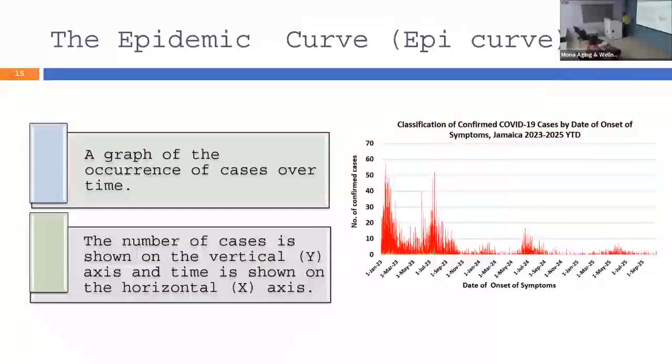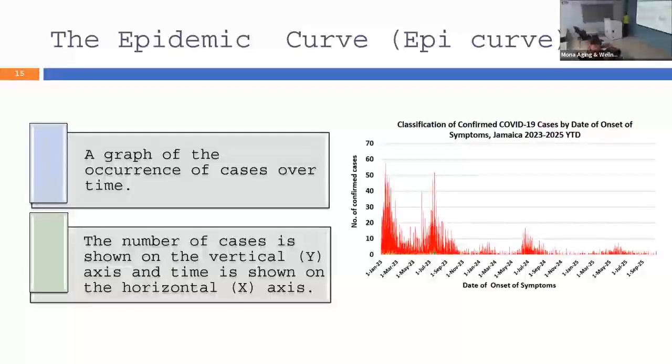The epidemic curve, and you saw it in the video, is a graph of the occurrence of cases over time. You have the number of cases on the y-axis and the date, whether it is days, weeks, or months, on the horizontal axis.